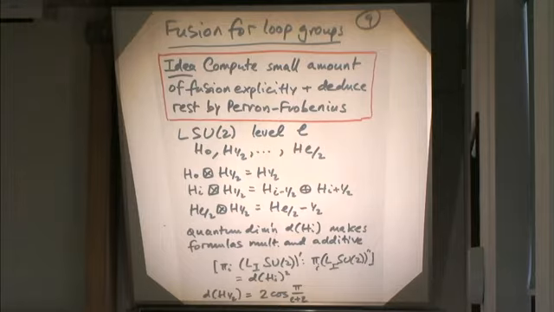And as you let L go to infinity, this will go towards 4. And so you've got these quantum things constructed from an infinite dimensional loop group which tend towards the classical, just SU2 acting on the 2-dimensional representation in this infinite dimensional tensor product.